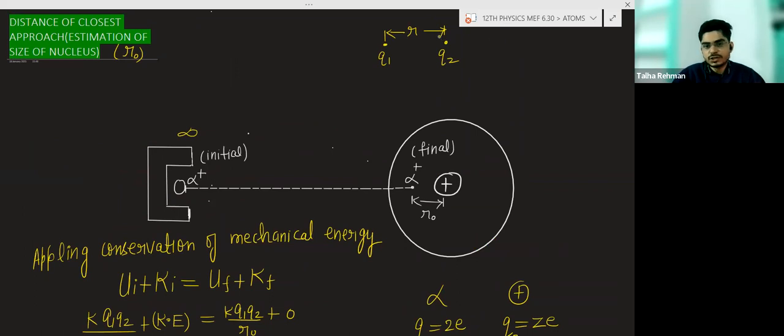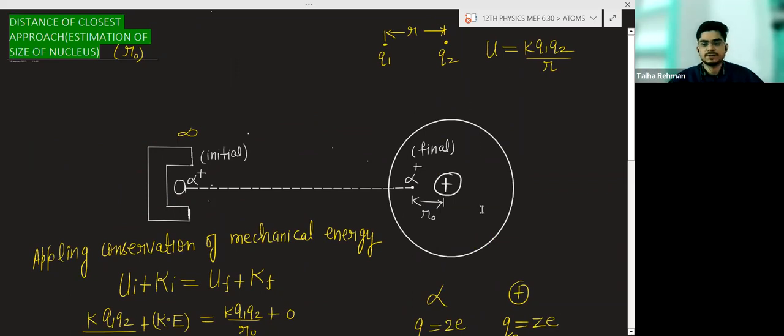The potential energy U will be given by k q1 q2 divided by r. In electrostatics we did this. Why have I taken this distance as infinite? Because compared to this distance, it is very large. That is why you take it as infinite.